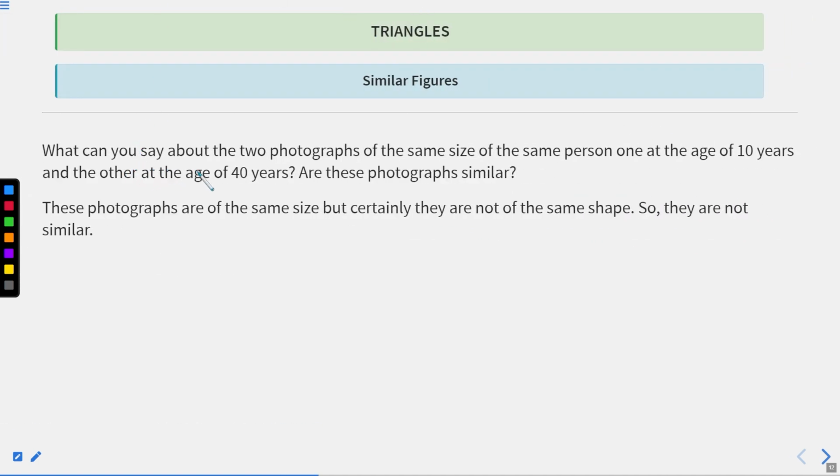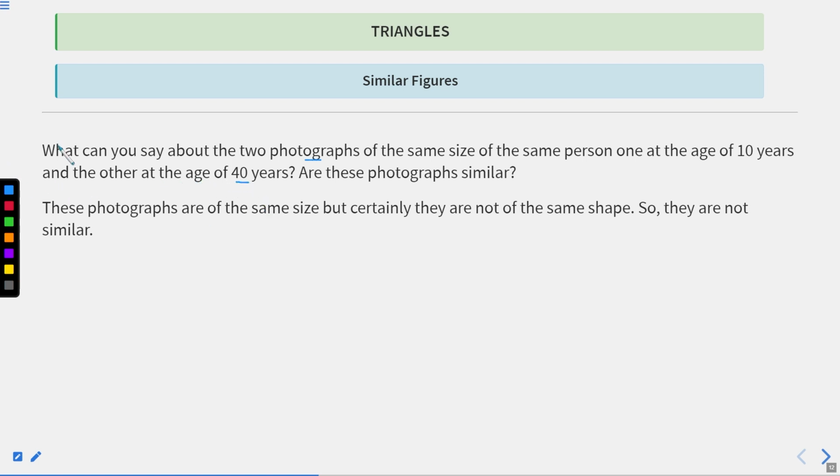Now, what can you say about two photographs of the same size of the same person, one at the age of 10 years and the other at the age of 40 years?